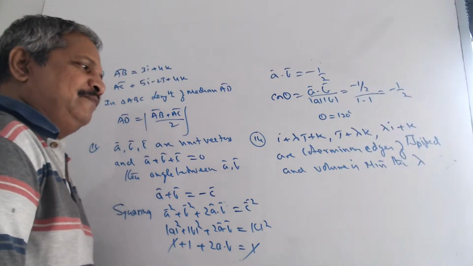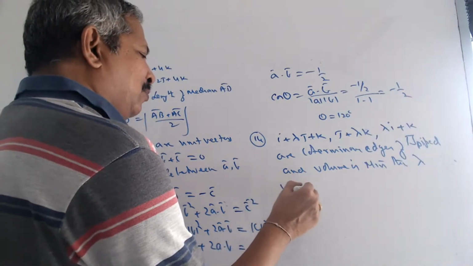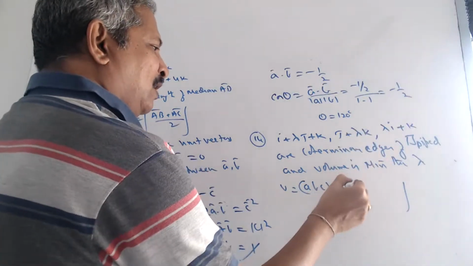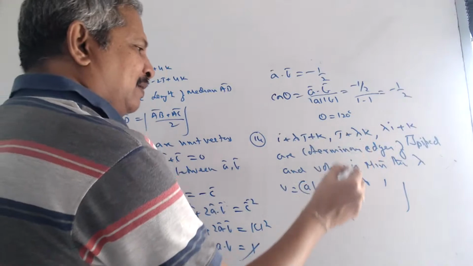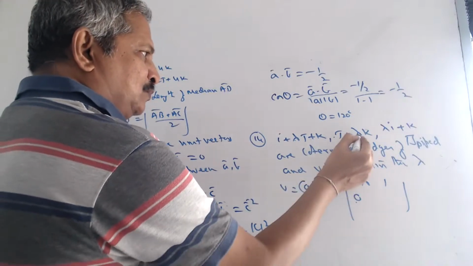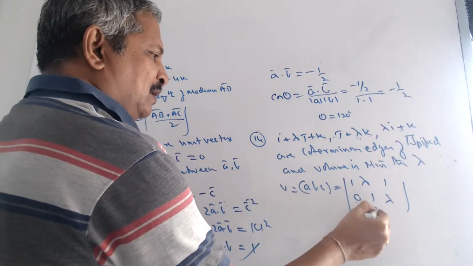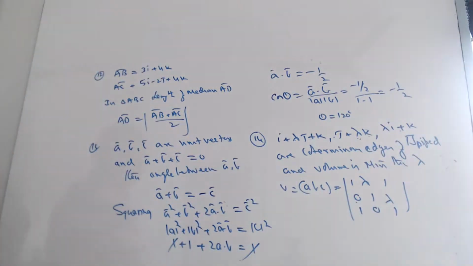Then what is lambda? Always for volume, I told you box ABC. Box means first vector 1 lambda 1, second vector 0 1 lambda, third vector lambda 0 1. So three coterminous sides are given, then the volume of the parallelepiped, and they are asking the lambda value.